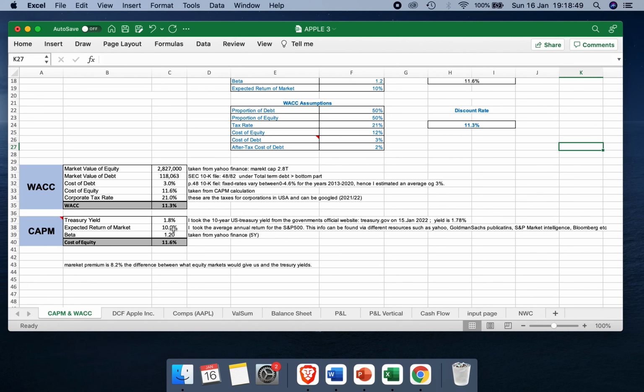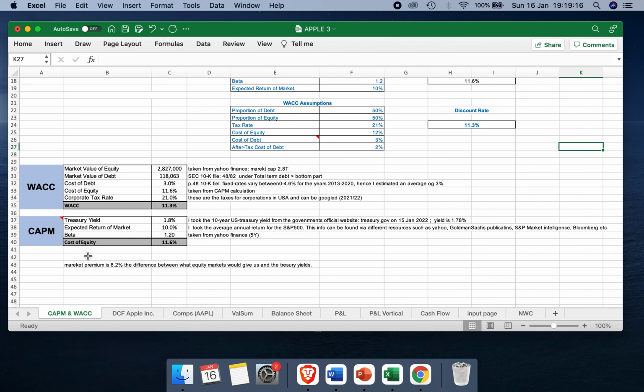For the expected return of the market, I took 10%, because I took the average of the annual return from the S&P 500, and different sources have pretty much similar figures. And then the beta, from Yahoo Finance, for Apple was 1.2.